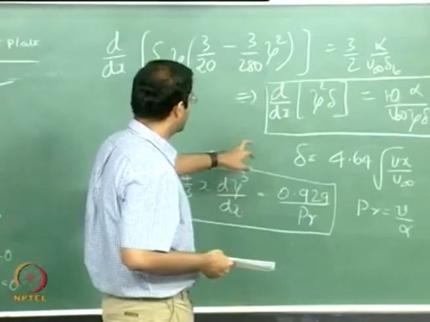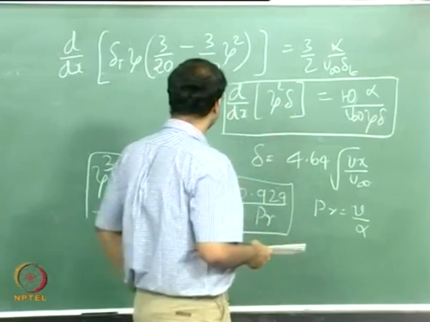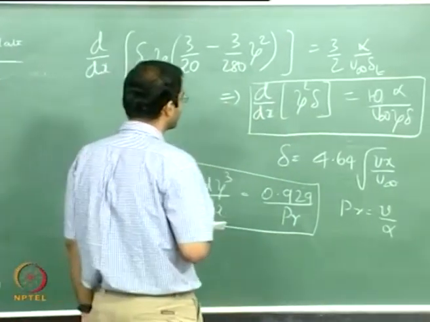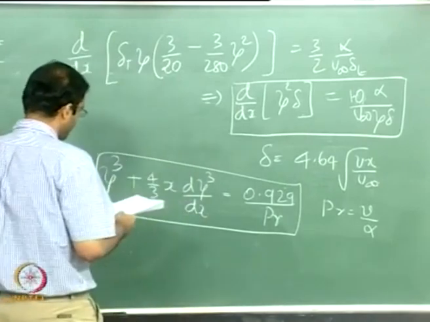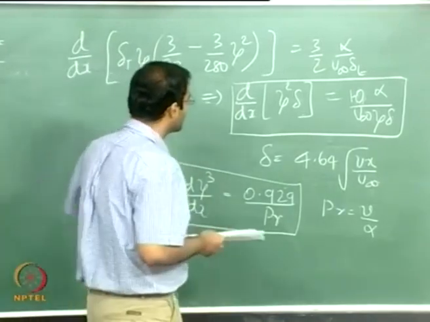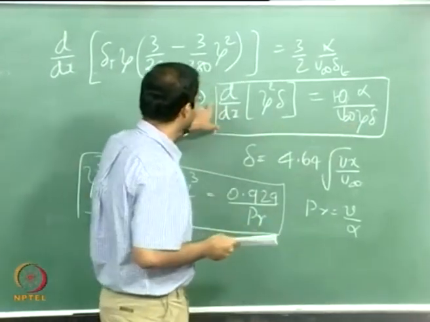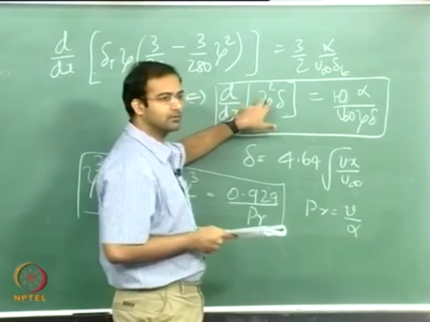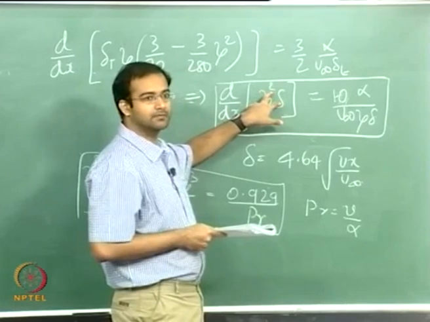So I am just expanding this particular term right here. Okay, so what I am doing is I am taking this delta here. Okay, I am saying this as 1 by 3 into d by dx delta cube.